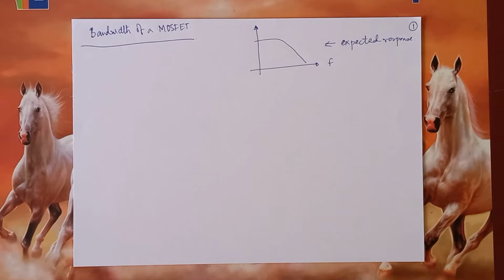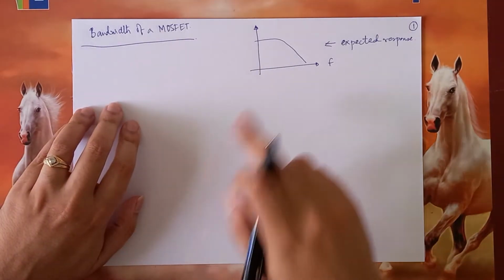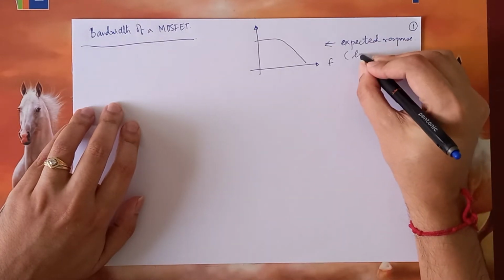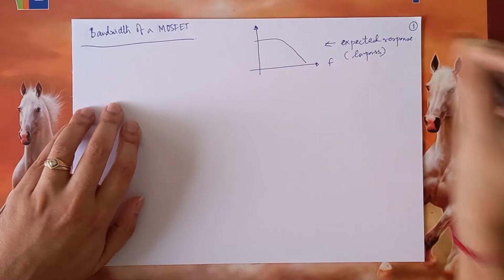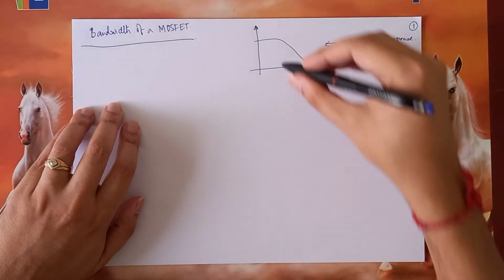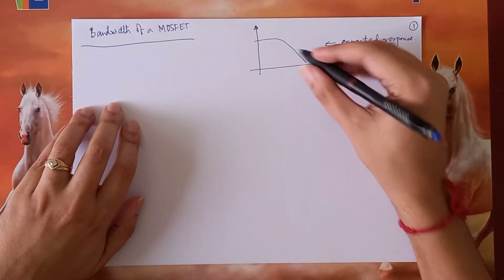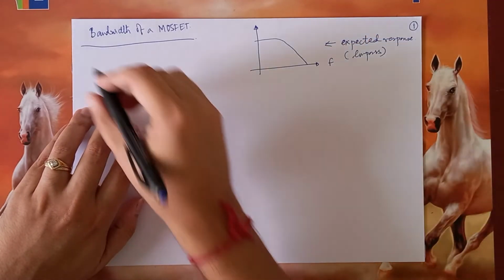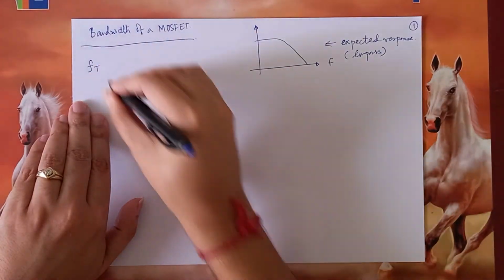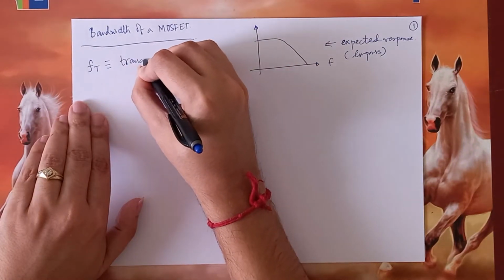So having said that, let us define what we mean by the bandwidth. Since we are talking of a low pass response, there is no need to talk of a bandwidth. All we need to talk about is any one frequency on the upper side. So what we define is something called Ft, also called the transition frequency.